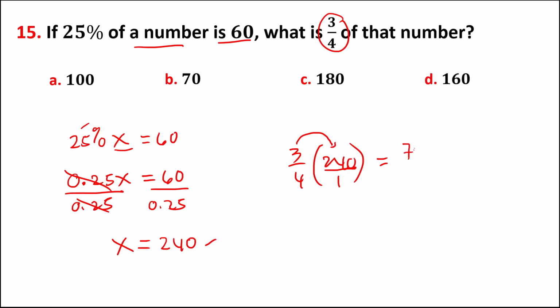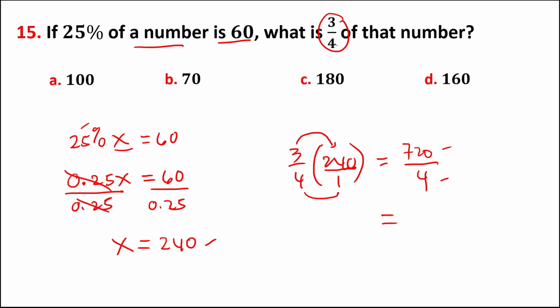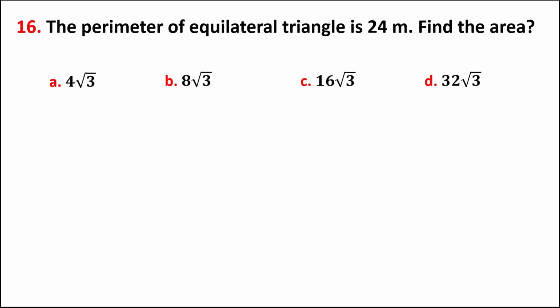So this is 720 over 4, and 720 divided by 4 is equal to 180.